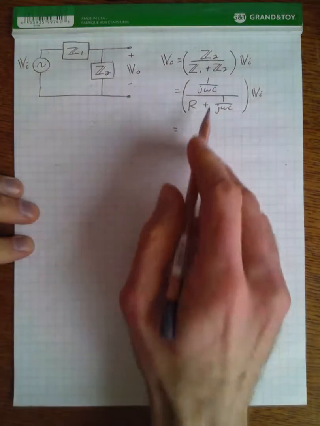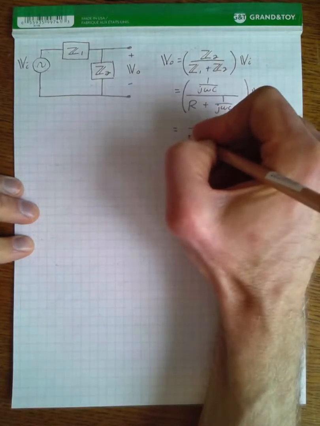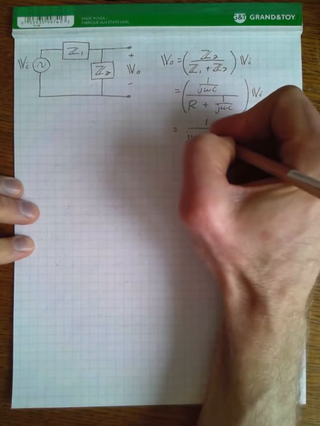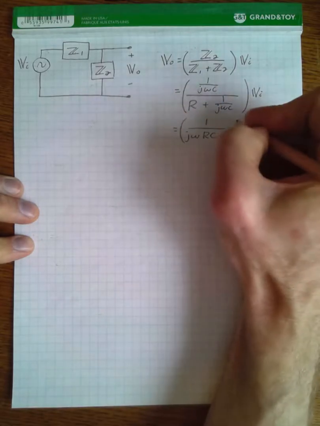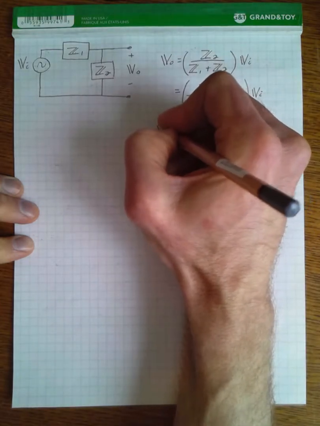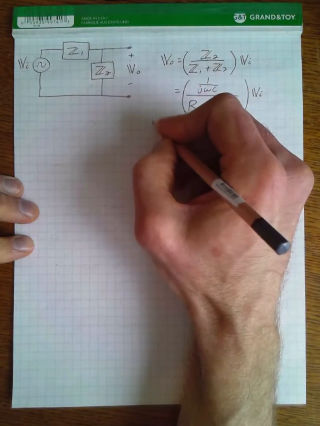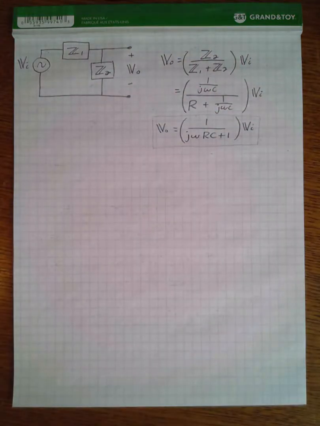And if we multiply by j omega C at the top and bottom, we get 1 over j omega RC plus 1 times the input voltage is equal to the output voltage, which is exactly the same expression that we had for our previous analysis.